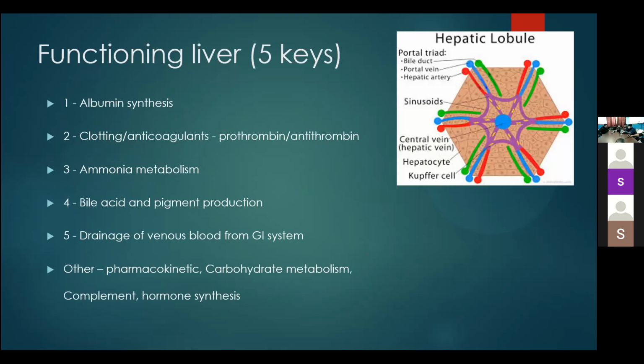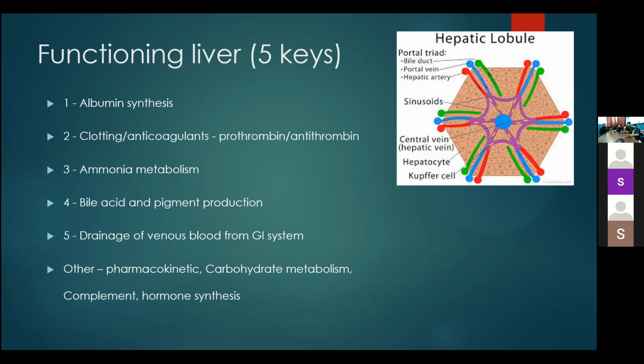So if we start just by recovering what a functioning liver does, I like to break this down into 5 key functions, and I'd describe it that it makes 2 things, it breaks 2 things, and it takes 1 thing. So it makes albumin, which is the major intravascular protein that contributes to oncotic pressure in terms of keeping water held within the bloodstream where it's meant to be.